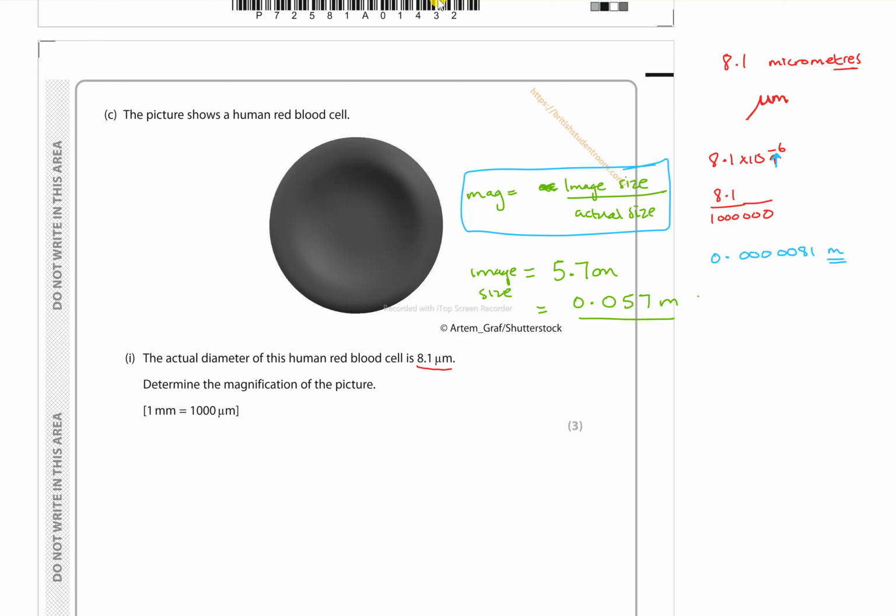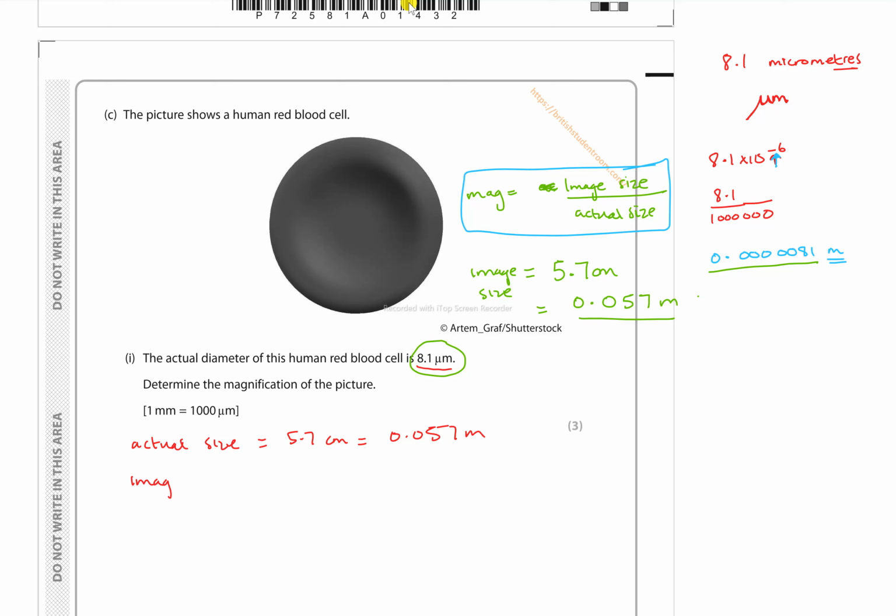Right, the actual size is here. So what we need to do is write this down. Actual size equals 5.7 centimeters, which is 0.057 meters. That's step one.